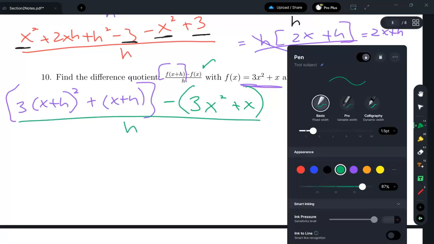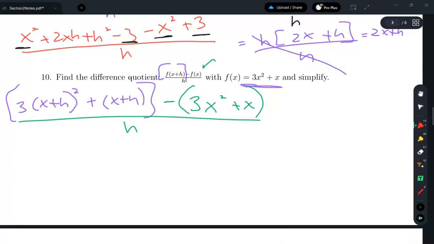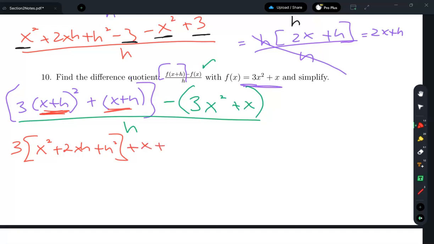So let's invest some time simplifying or multiplying out. I'm going to take the time to keep that 3 on the outside. And I'm going to say this I know multiplies to x squared plus 2xh plus h squared. And then this doesn't really need parentheses, so plus x plus h. And then I'm going to multiply this negative through, negative 3x squared minus an x all over an h.